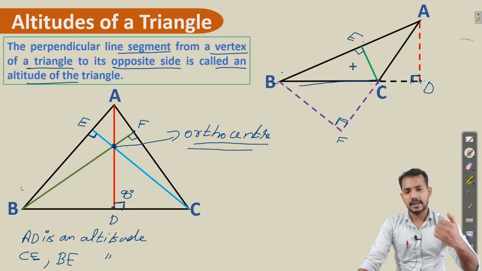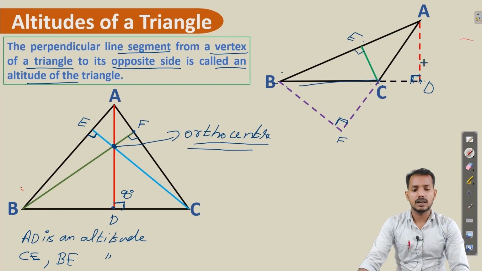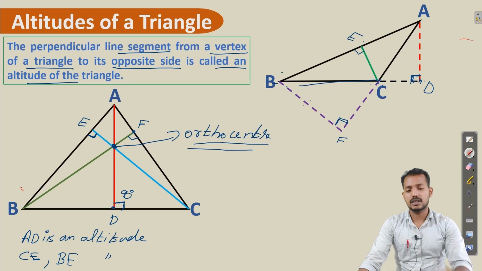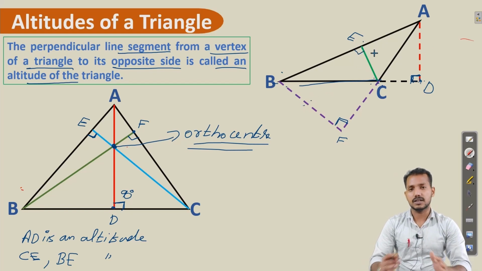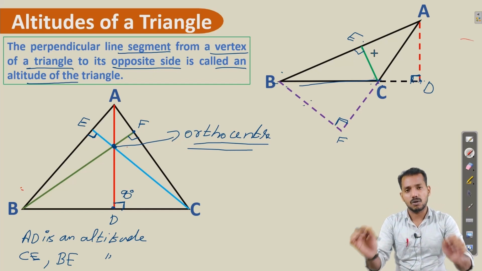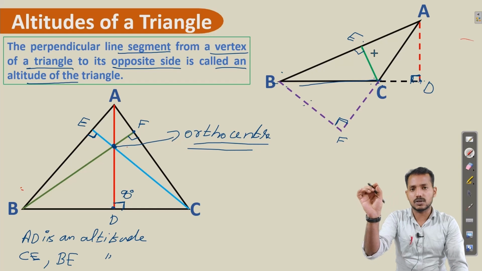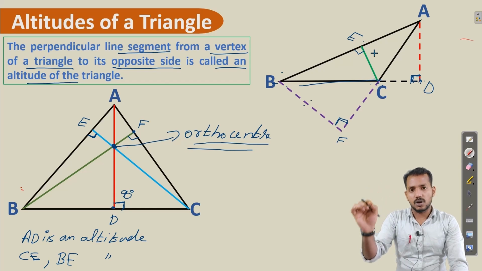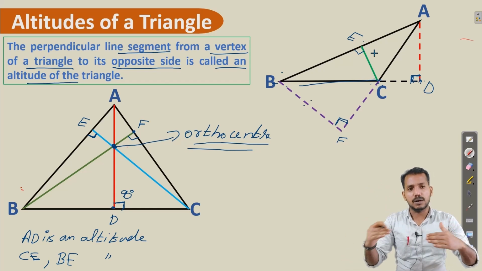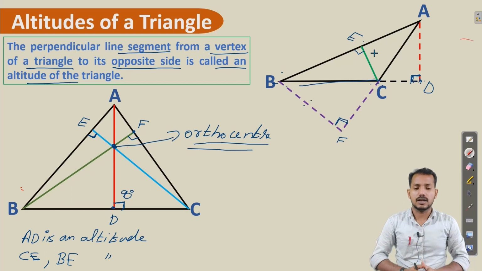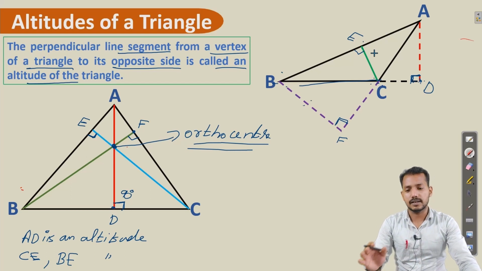That means in case of an obtuse triangle, 2 altitudes lie in the exterior of the triangle and 1 altitude lies in the interior of the triangle. So an altitude does not always have to be inside the triangle. The only condition is that when we draw an altitude from a vertex to the opposite side, it should be perpendicular to the opposite side. So this is all you have to remember regarding altitudes of the triangle.